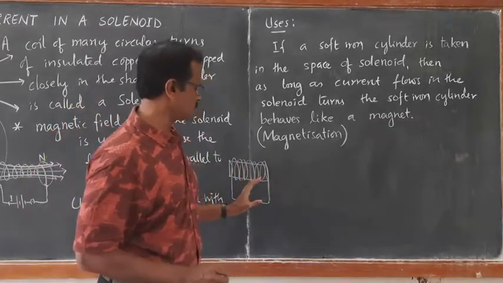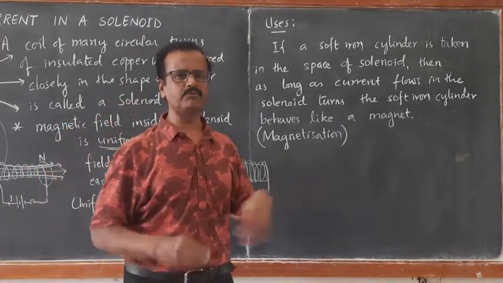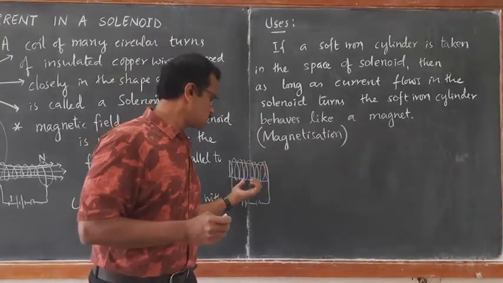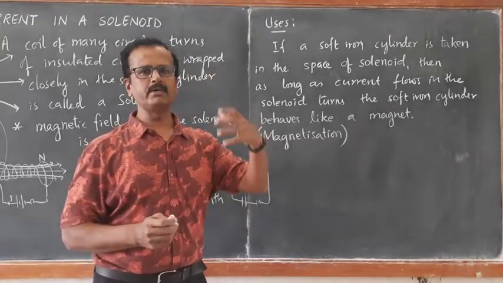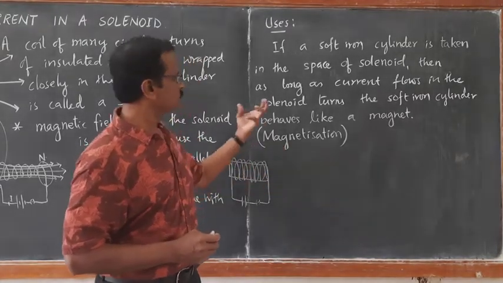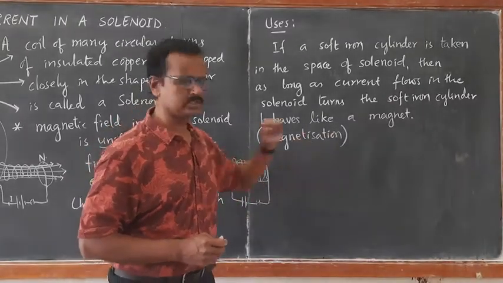This process is also called magnetization. That's how one can use a current carrying solenoid for the purpose of magnetization.